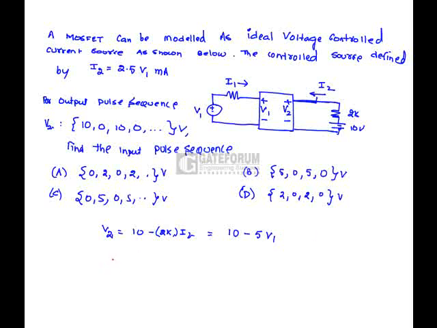Whenever V2 is equal to 10, V1 is equal to 0. V2 equal to 0 means V1 is equal to 2. So the sequence which we are getting here is 0, 2, 0, 2, that is option A is correct.